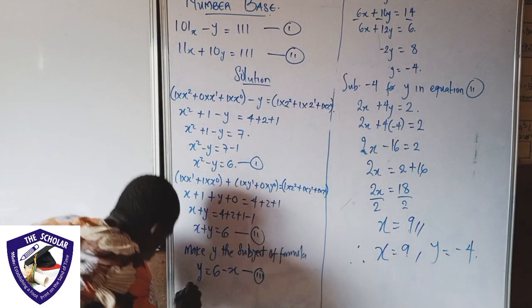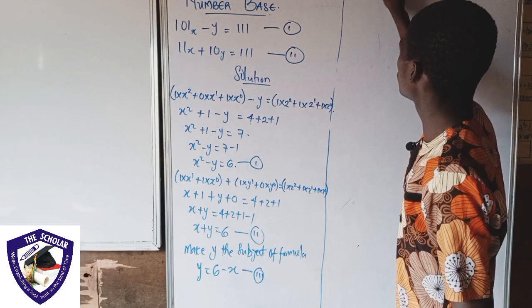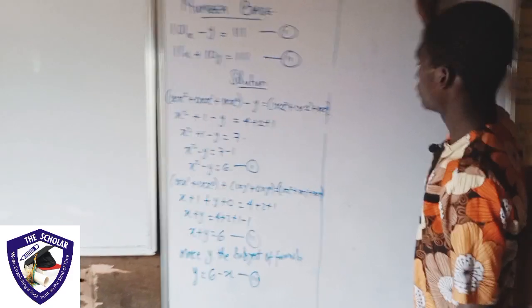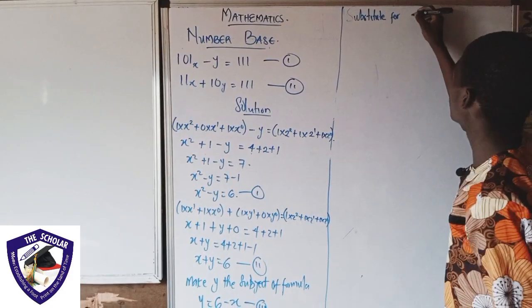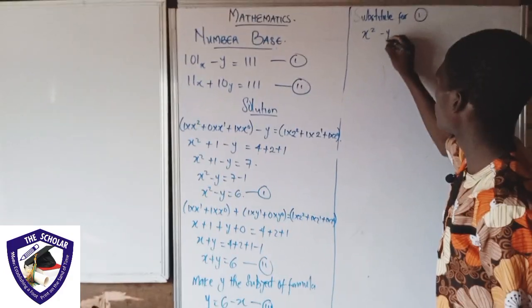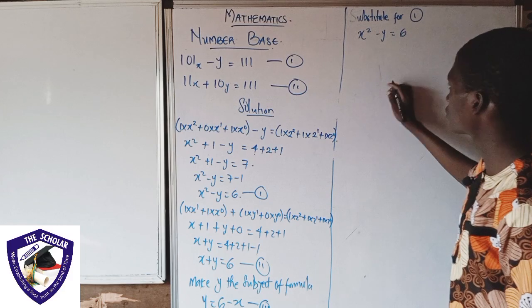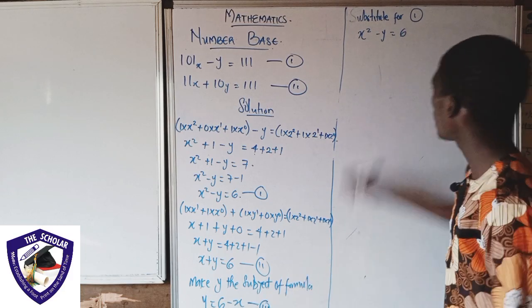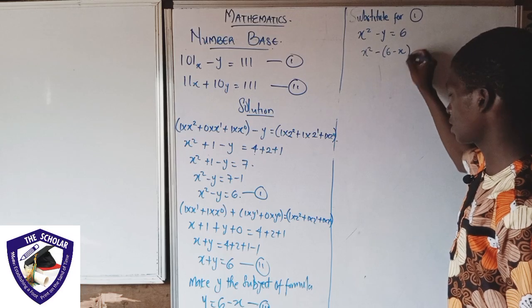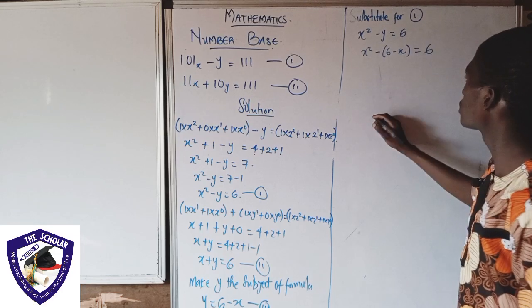So I will now substitute into my other equation, which is my equation 1. I have equation 1 as x squared minus y equals 6. So I'm substituting for y. So I have x squared minus (6 minus x) equals 6.